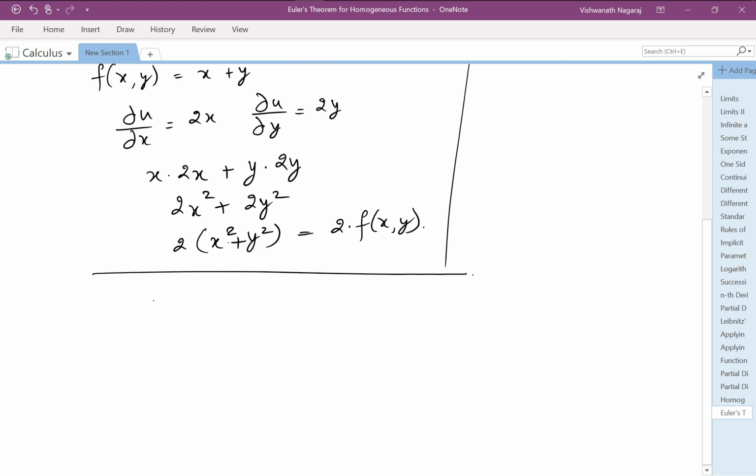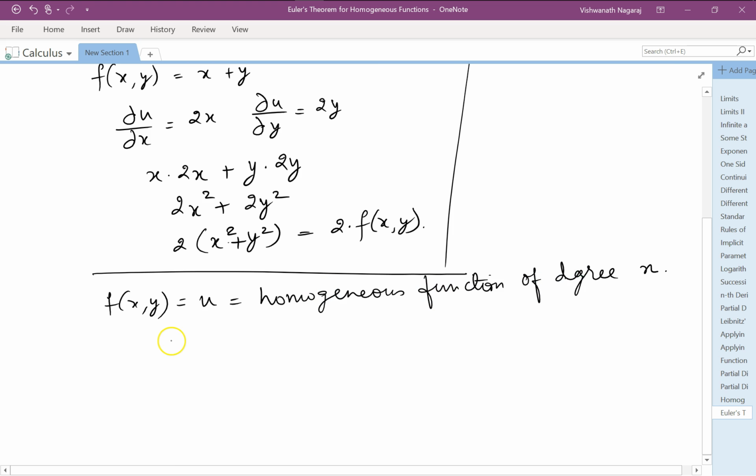Now let's see how exactly this comes about. So let's say f of x comma y is equal to u, which is a homogeneous function of degree n. Now because it's a homogeneous function, we know that u can be rewritten as x to the power of n g of y by x.